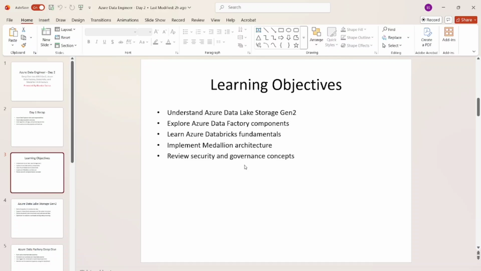Second, we'll explore Azure Data Factory, ADF, and its core components. Third, we'll learn how Azure Databricks enables large-scale data processing using Apache Spark. And finally, we'll discuss the Medallion architecture pattern and review the essential security and governance concepts. So these are the learning objectives.